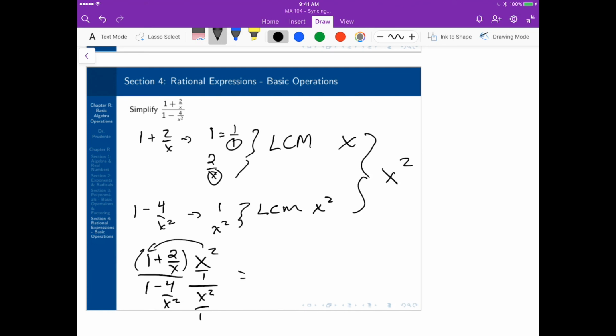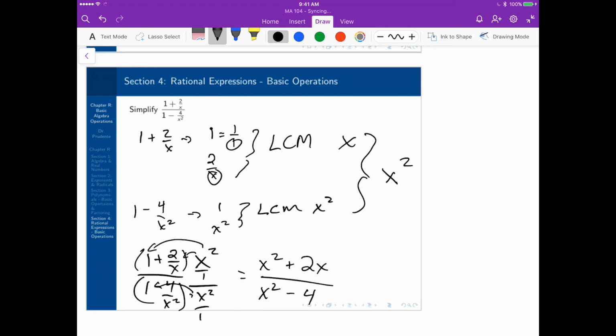X squared times 1 is just x squared. X squared with an x in the denominator, one of those x's will cancel, and I'll just get 2x. Likewise here, I'll distribute that x squared over 1 here, x squared minus 4. Those x squareds will cancel.